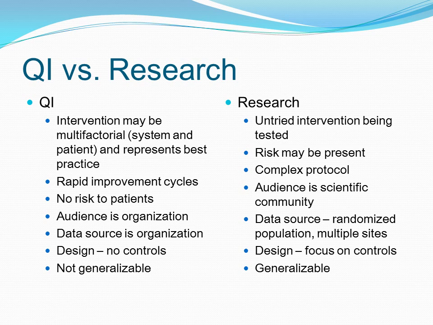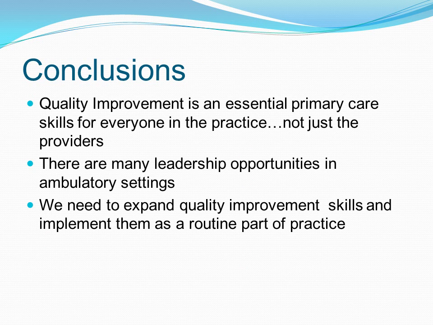Those are probably the huge difference between QI and research: the absence of control in quality improvement. And research, because of the way it's done, is generalizable. So we can say, okay, we have tested this model in this population, we've compared it to this control group, and we can say that this improved outcomes by 50%. And you cannot do that with quality improvement, but that's not what quality improvement is for.